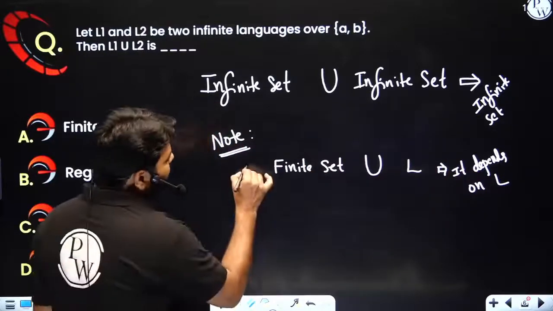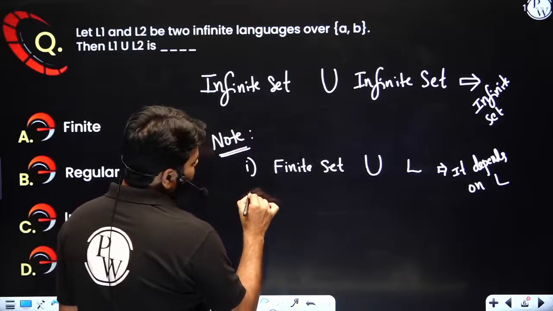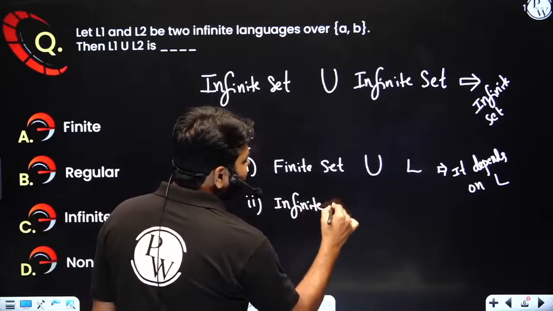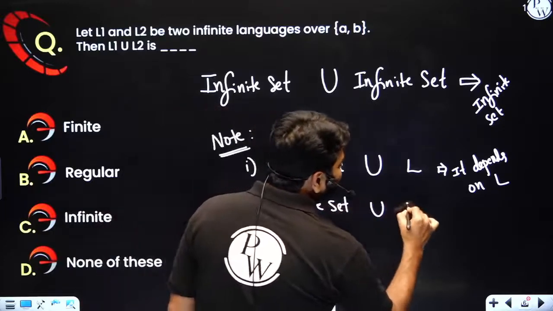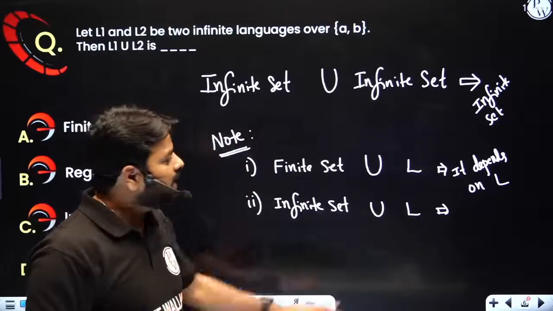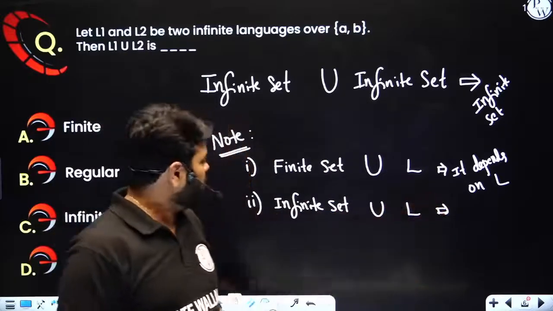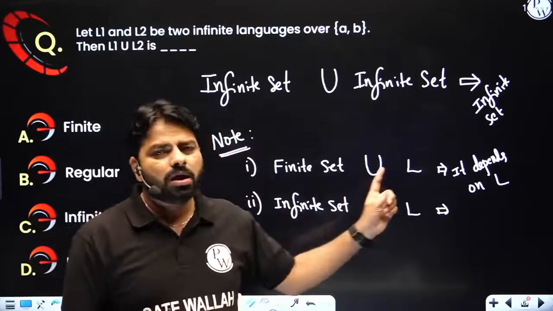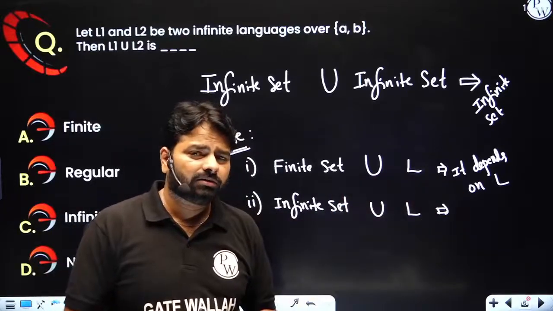Let's talk about the second point. Infinite union some arbitrary language L. Here L is unknown. Note that point. L is an arbitrary language. Infinite union any language in the world, will the result always be infinite?